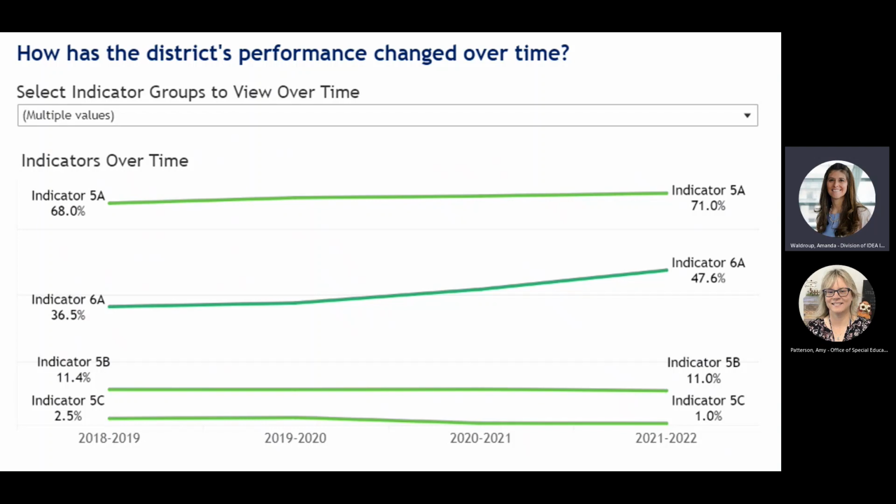For indicator 6B, they went from 36.5 to 47.6. So they had quite a bit of increase on that one. And these are on a grid. So the reason indicator 6 is in the middle of indicators between indicators 5A and 5B is because 36.5 is between 11.4 and 68.